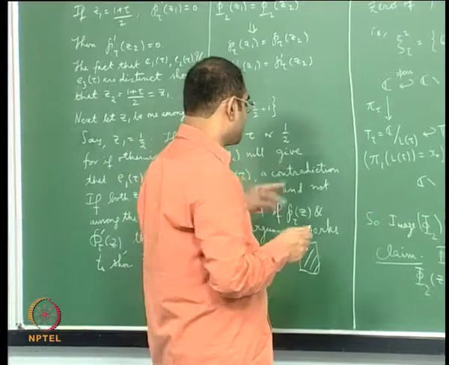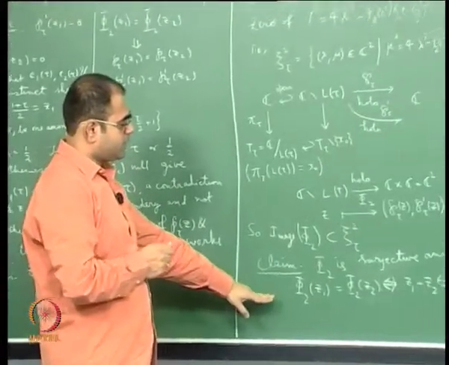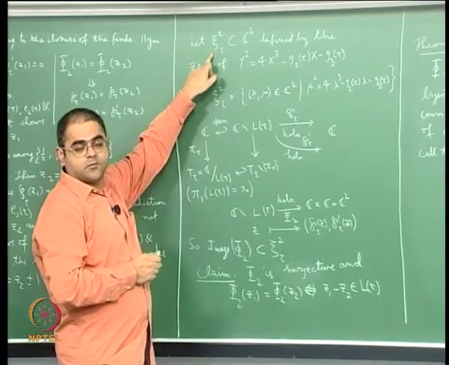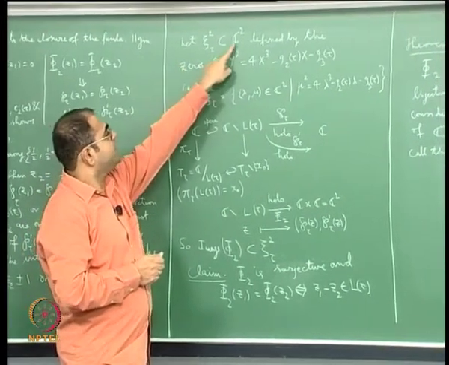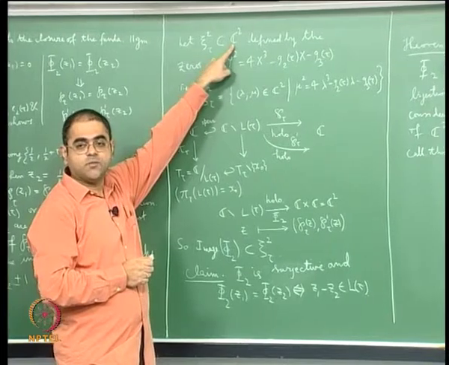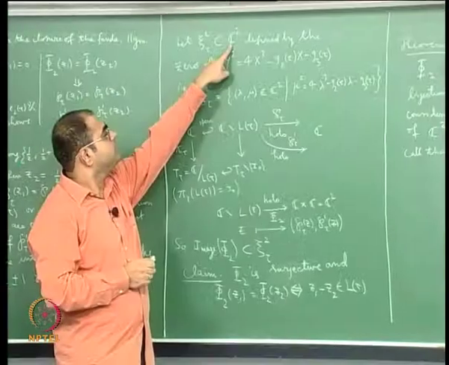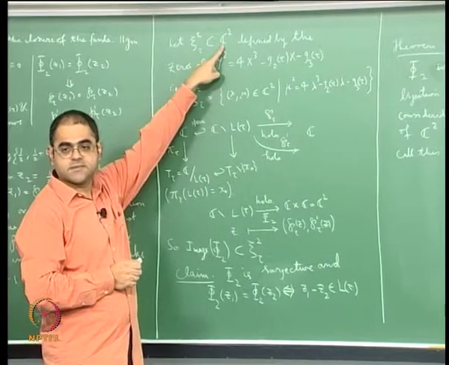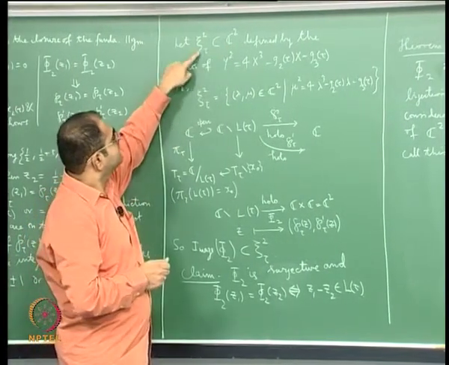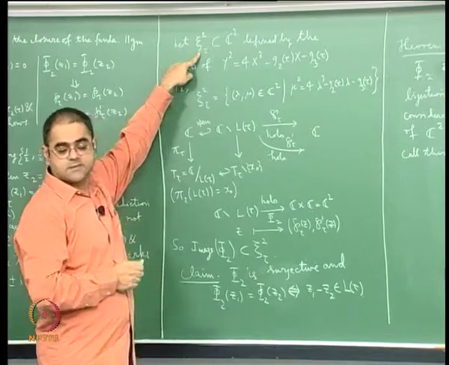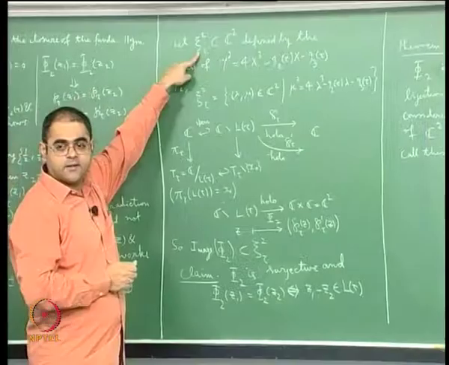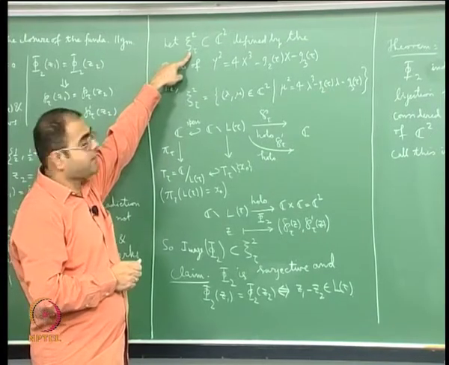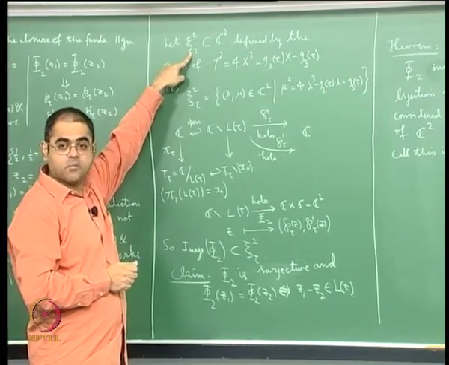So I will continue in the forthcoming lecture. Essentially, what I will be doing is showing that this C2 is an open set in the two-dimensional projective space, and this curve, this subset, can be compactified by adding just one point.